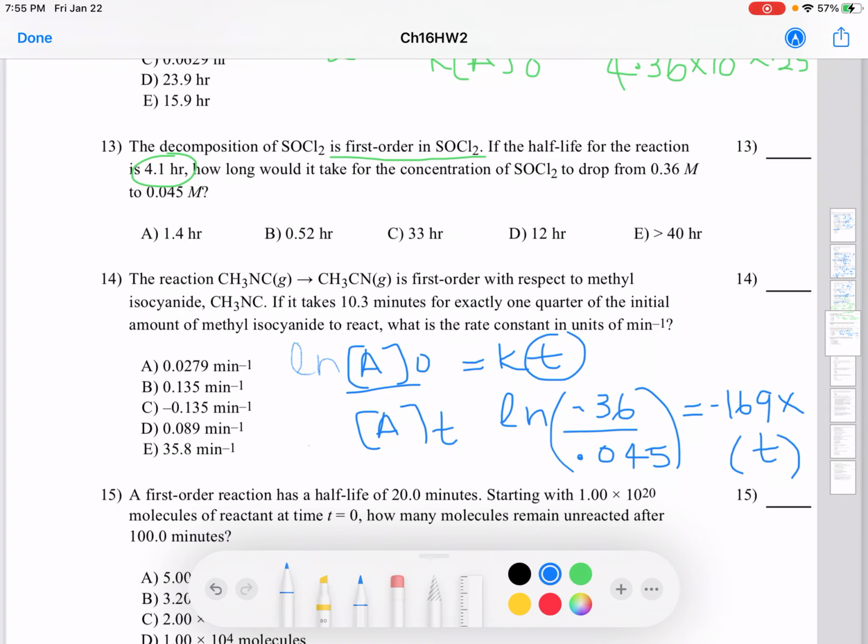So first you can solve for ln 0.36 over 0.045. 0.36 over 0.045 is 8. So ln 8 would be 2.079.